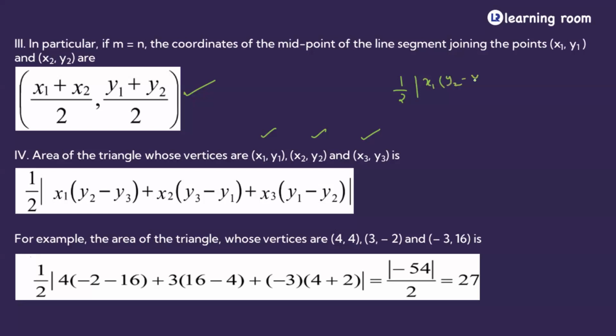So y2 minus y3 plus, since you started with 1 here, you'll write x2. See, it is 1, 2, 3. If you start with 2, it should come as 2, 3, 1. So it will be y3 minus y1 plus, what will be the next term? x3. If you start with 3, what should be the pattern? 3, 1, 2. Are you able to understand what I mean by cyclic pattern? And you close the bracket, that is going to be the formula.